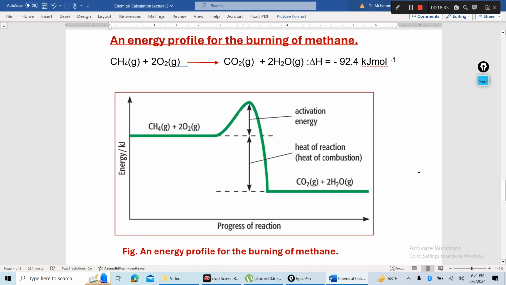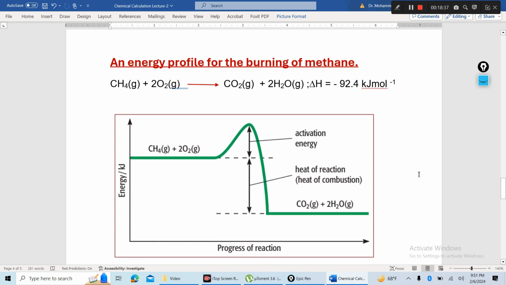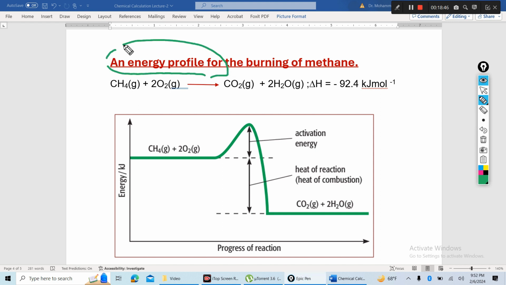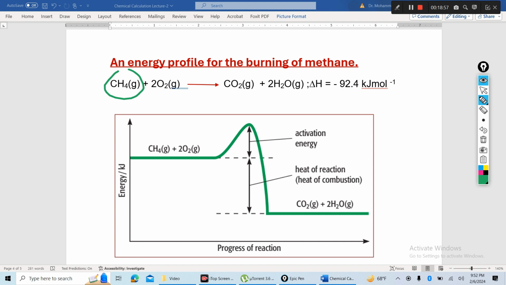Okay, now you will see an energy profile for burning of methane. Burning means reaction with oxygen, and you see methane burns in oxygen, or reacts with oxygen, to produce carbon dioxide and water, steam.